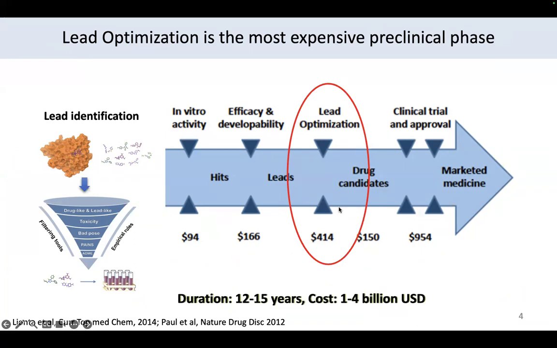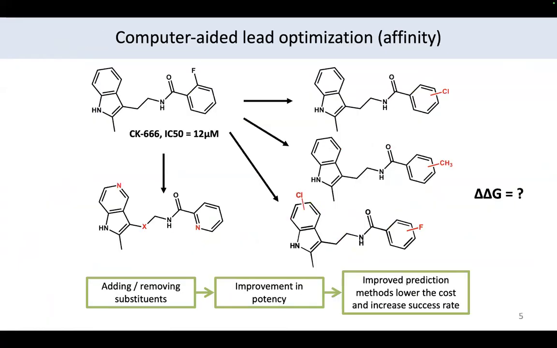And that's, of course, not only due to the protein-ligand binding affinity optimization problem, but also due to extensive metabolism, pharmacokinetics, pharmacodynamics, formulation, and other causes. However, here we will study how we could improve this very expensive phase, the lead optimization phase, using computers in terms of affinity.